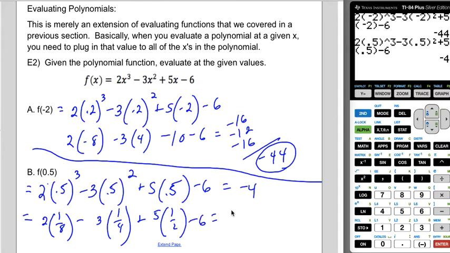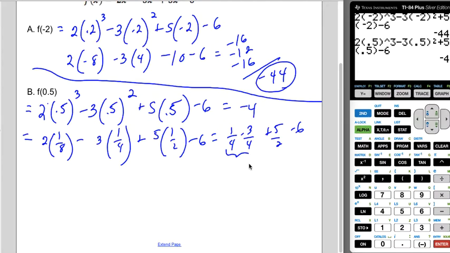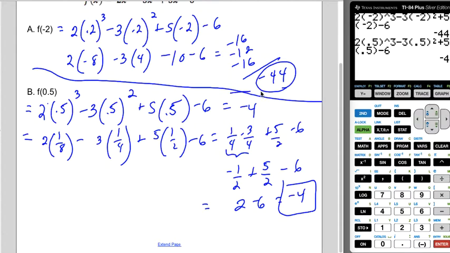And if you wanted to clean this up, that's a 1/4 minus 3/4 plus 5/2 minus 6, right? So this is 1/4 minus 3/4 is negative 2/4, so negative 1/2 plus 5/2 minus 6, right? That's a 4/2, so that's a 2 minus 6, which sure enough gives me a negative 4. So it doesn't matter to me how you get there, but that's the idea, is that you're plugging in.